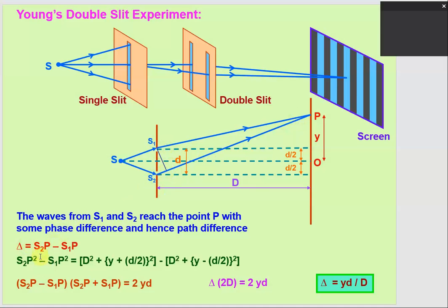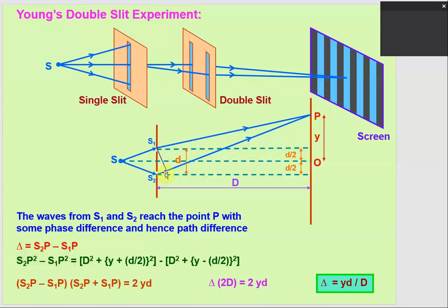So here we do some mathematics and derive the formula. We start with the expression S2P square minus S1P square. What is S2P?